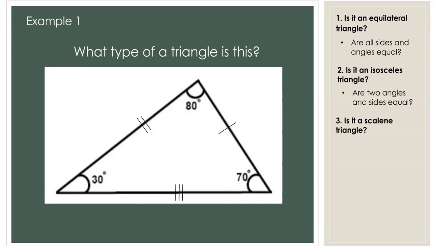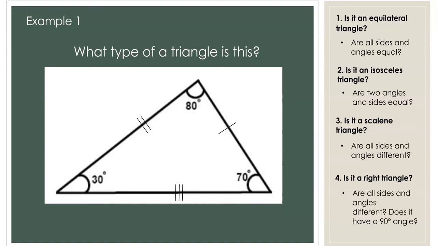Is it a scalene triangle? Are all sides and angles different from each other? Or is it a right triangle where all sides and angles are different and it also has a 90 degree angle? So what type of triangle is this? This is a scalene triangle because all sides and all angles are different from each other.